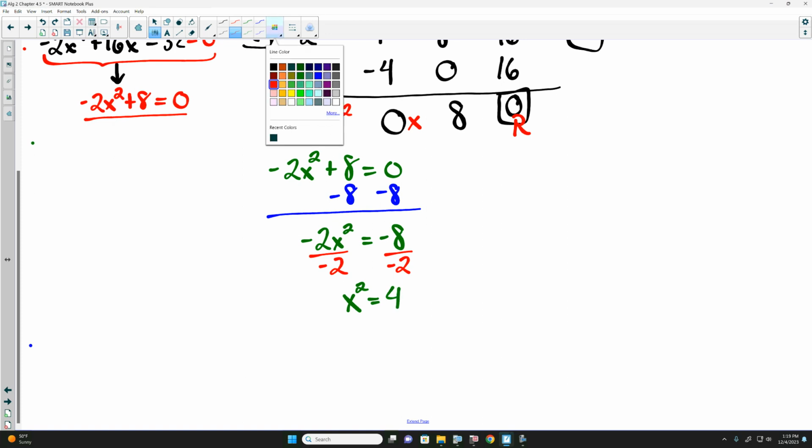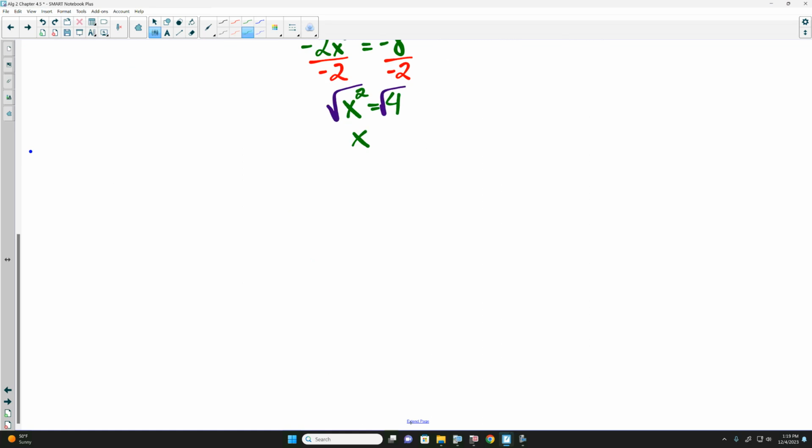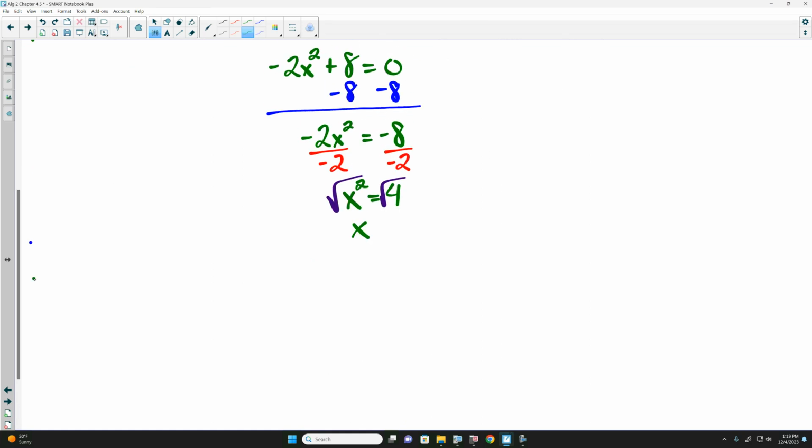And at this point we can take the square root of both sides. The square root of x squared is x, equal to plus or minus the square root of 4.